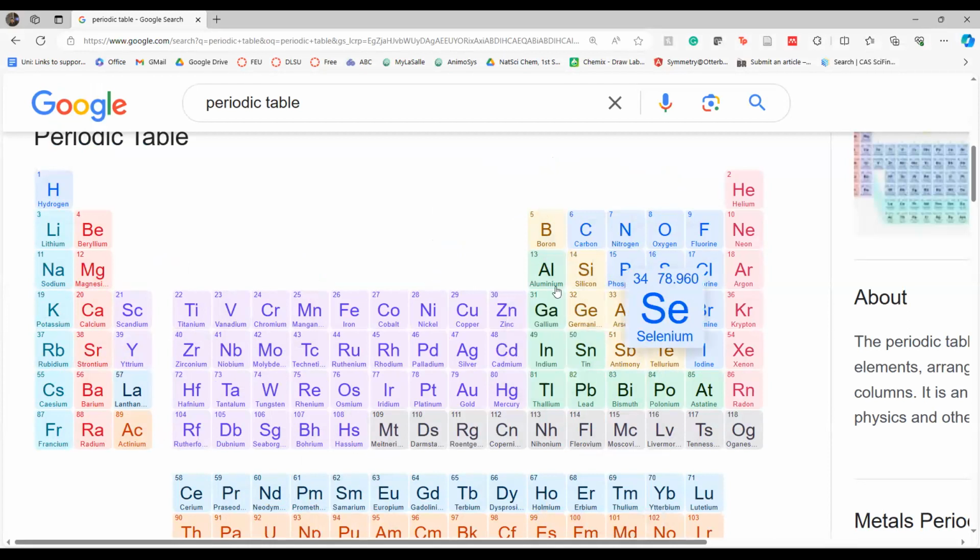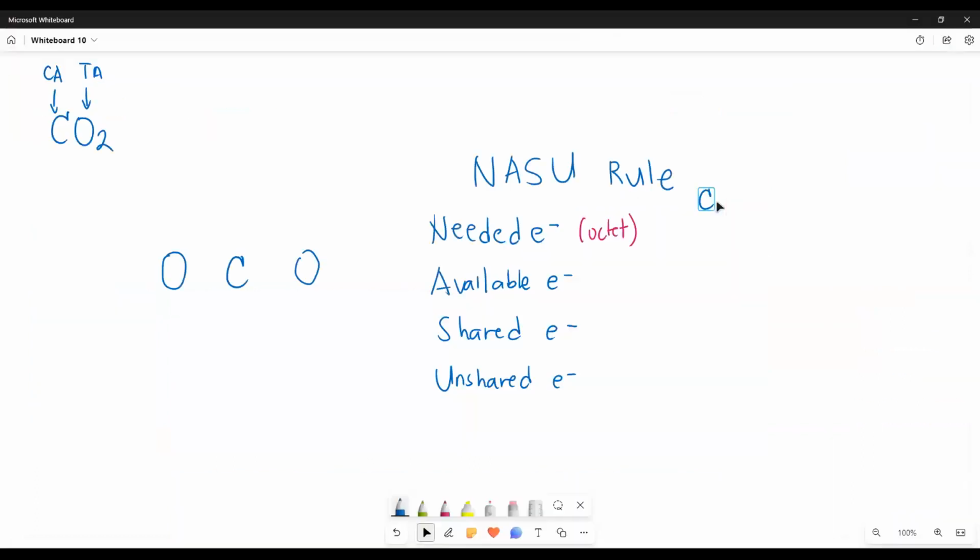Any atoms that are in the p block will require the octet rule. So let's go back to our whiteboard. So carbon is in the p block. Therefore, it needs an octet. So we'll put 8 electrons that are needed by carbon.